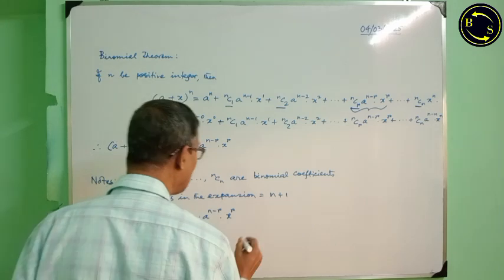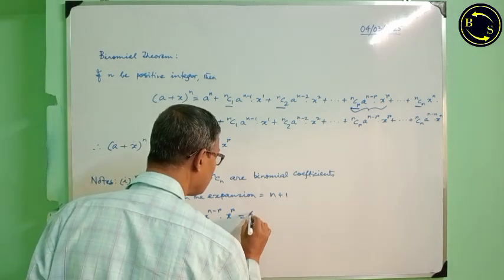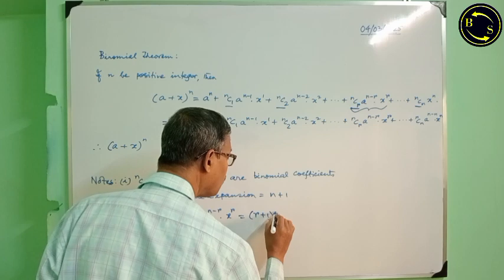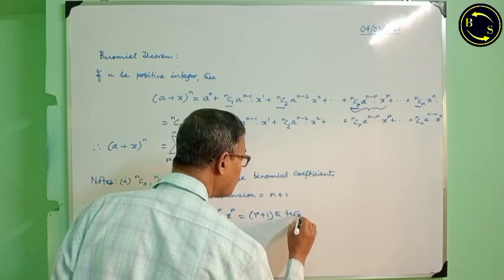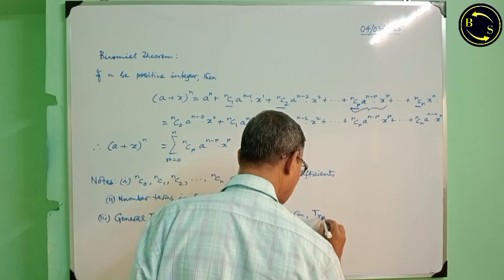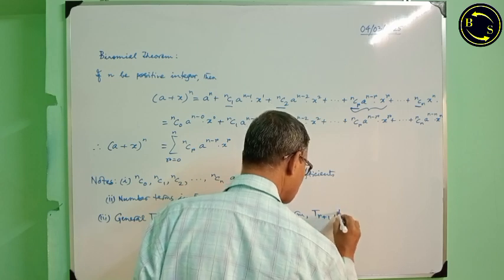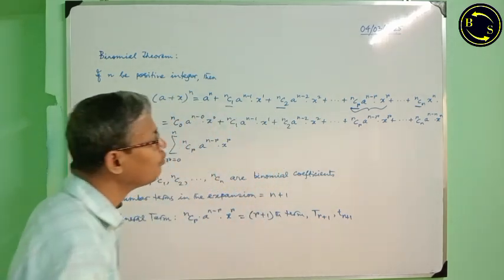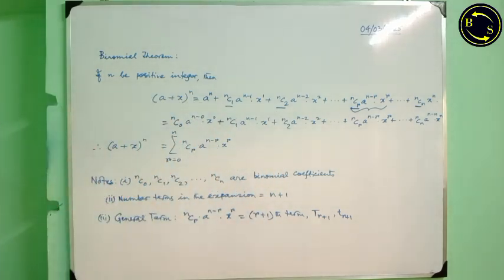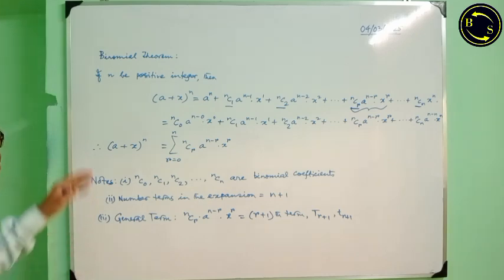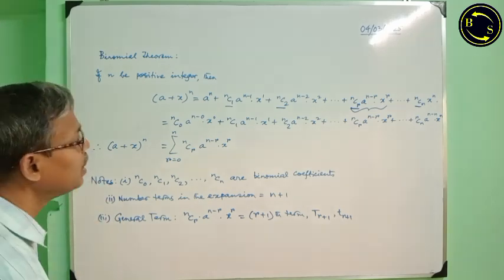This is actually r plus 1th term, denoted by the symbol T r plus 1, or some write small letter. This is the binomial theorem.